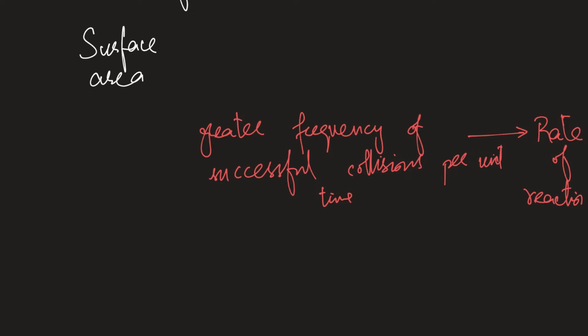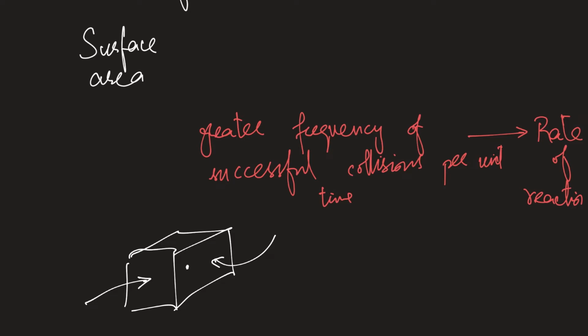The idea of surface area is basically that if you have a cube, then when particles want to collide with this cube, they must collide over here. Now let's suppose there was a particle deep hidden inside the cube. Then any particle coming towards the side of this cube will not be able to approach the particle that's deep inside. But let's suppose I open this cube up, or I break it down into multiple slices.